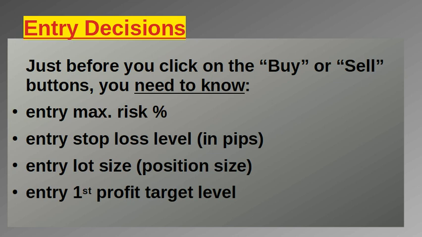Again, this is dependent on your account balance, how much money you've got in your account. And finally, when you enter a trade, you always should know where your first profit target level is, and where do you place your first profit target level. So this indicator, and we're going to get to it again in just a moment, is going to save you and answer all of these entry decisions.